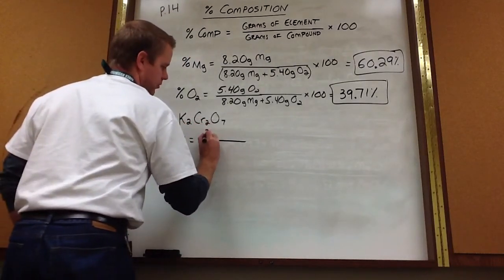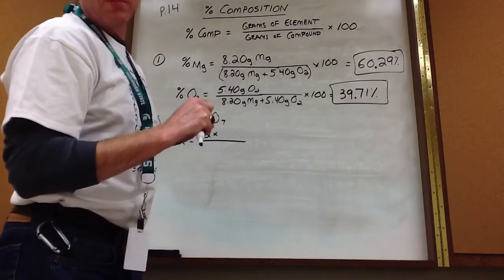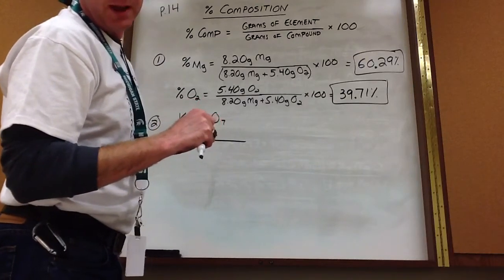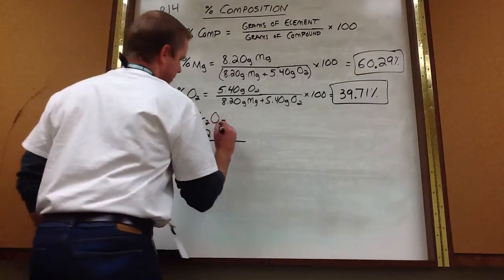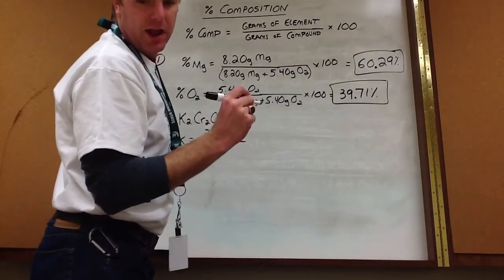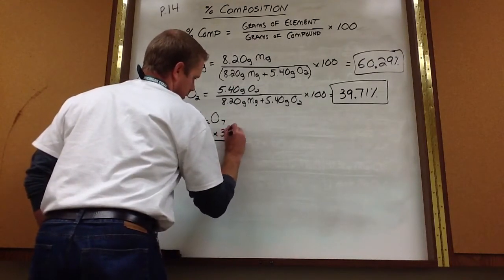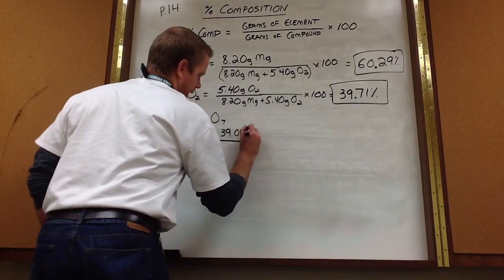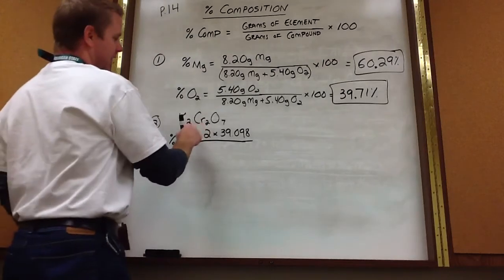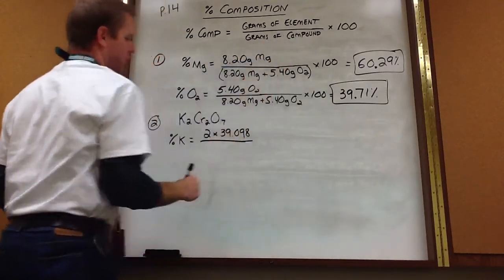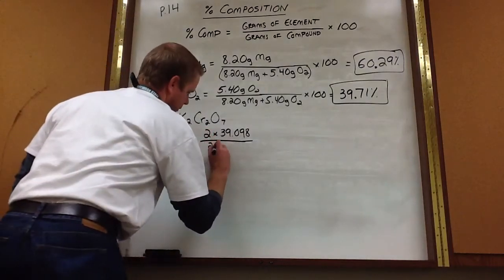So I'm going to take 2 times the molar mass of potassium from the periodic table, which is 39.098, over the molar mass of the entire compound, K2Cr2O7, which is 294.18.